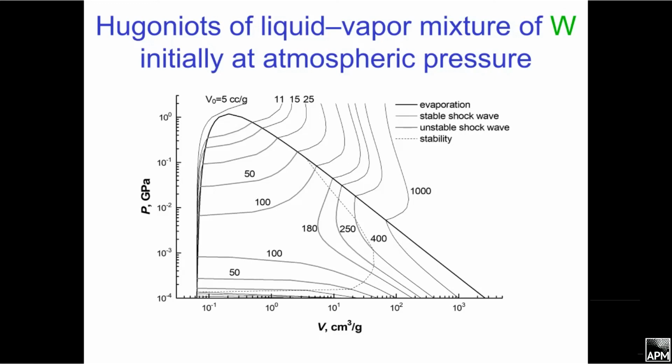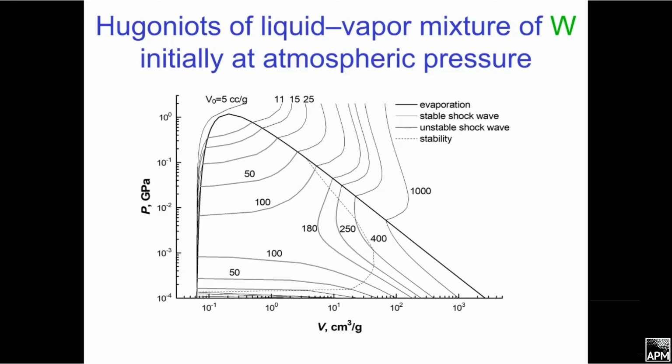Then the adiabat goes again inside the two-phase region, and so exits from the two-phase region on the gas side.